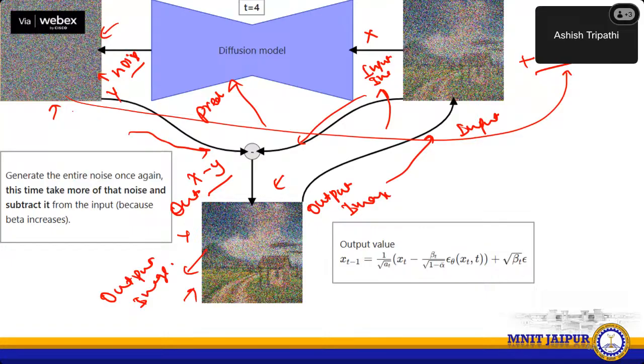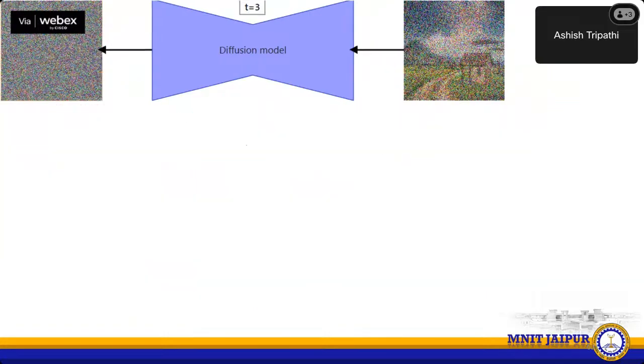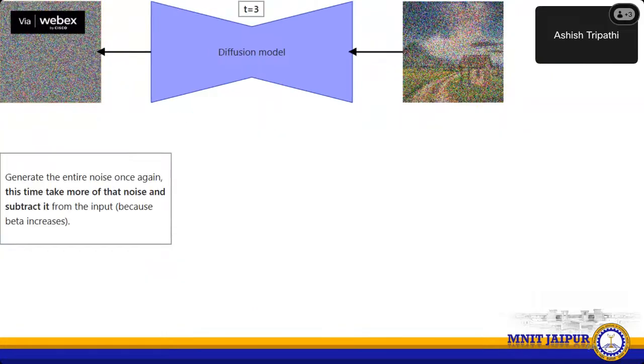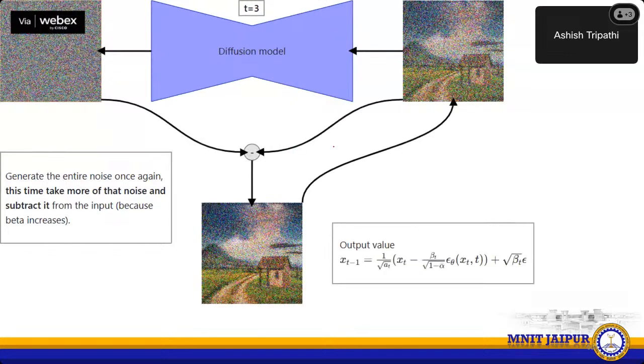Moving ahead. Again, my diffusion model is predicting the noise. Again, we are subtracting the noise from the input image. This is the input image and this is the predicted noise.